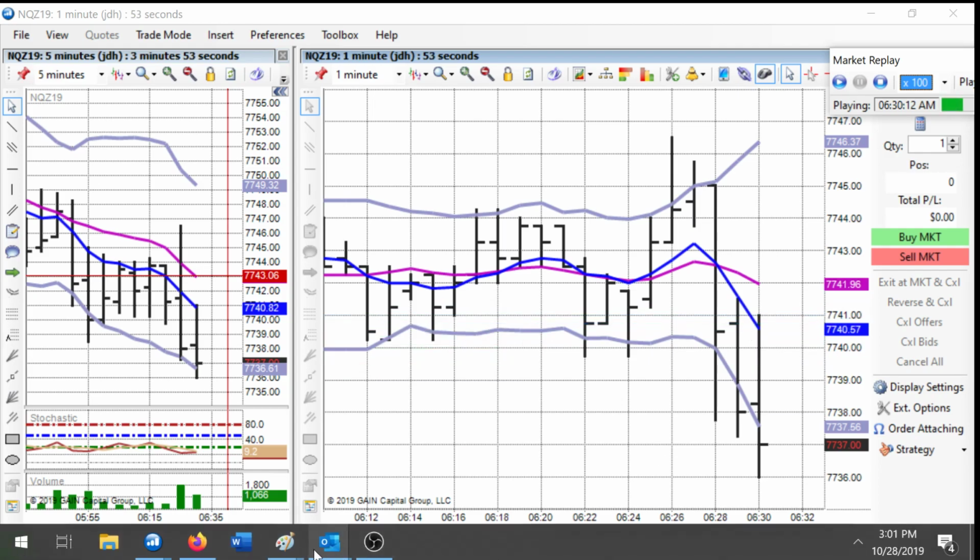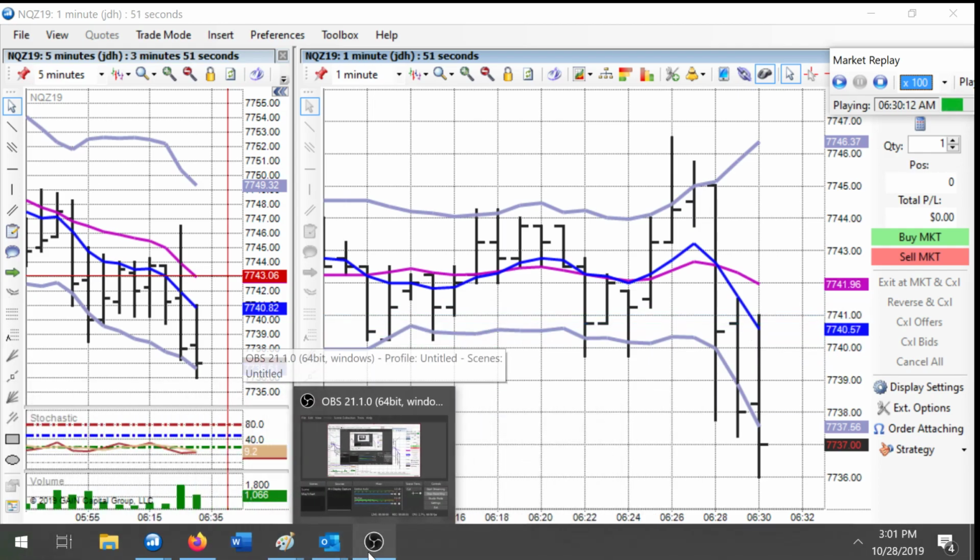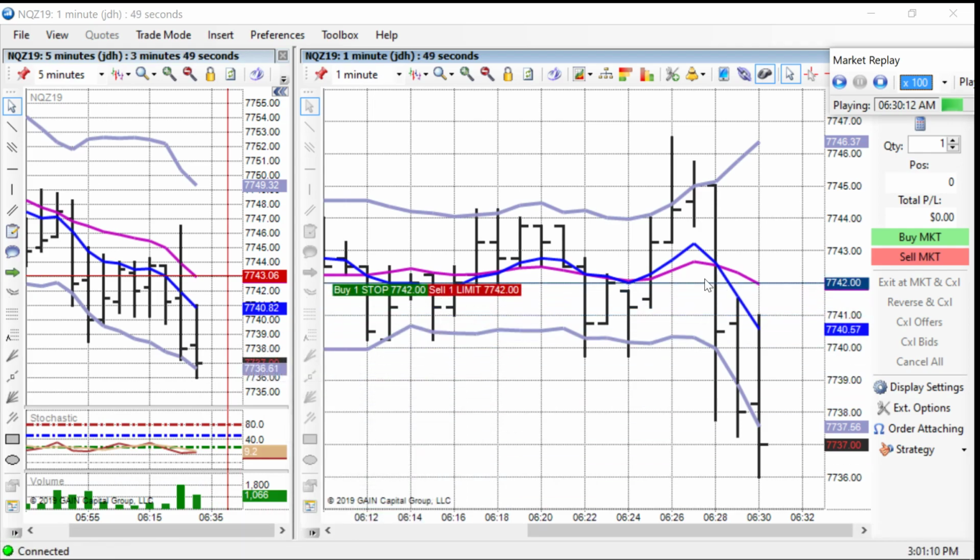I just made a previous recording, which I'll show in the description, of graphical examples of the system that I'm using. And as you'll see, it's very profitable. So if anybody has an interest, these results are real-world results.